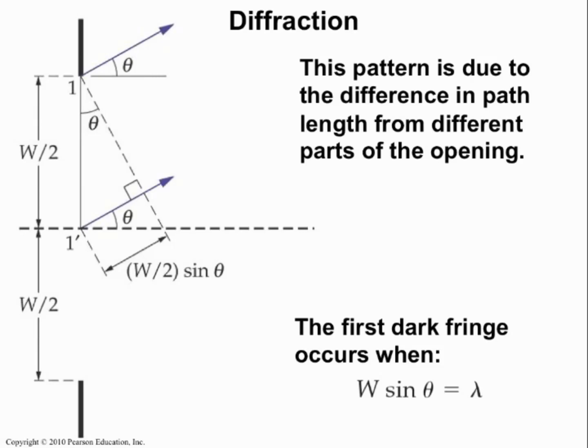Now what this will give us is a dark fringe. And it gives us a dark fringe because W over 2 sine theta equals 1/2 lambda. Then what you have is W sine theta equals lambda. I'm going to write that out, because this will help remind us of what we saw with double slit diffraction.